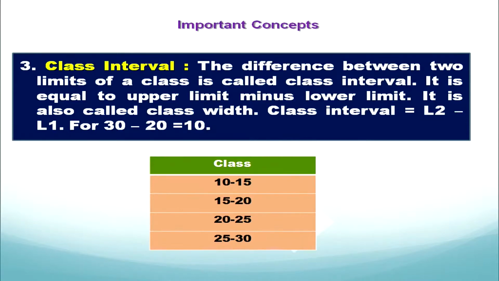Here the class is 10 to 15. So, what is the lower limit? 10 is the lower limit, 15 is the upper limit. If I want to identify the class interval from this class, how can I get it? Here the upper limit is 15 minus the lower limit, that is 10. So, we get a class interval of 5. Hence, we have learned about class interval also.